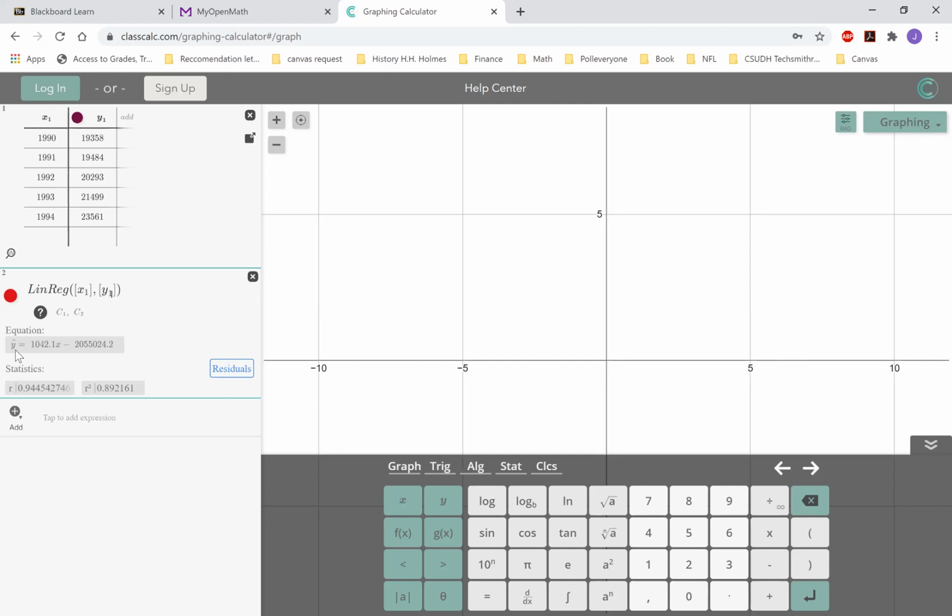So let me take a minute and write that down. All you have to do is say y hat is equal to 1042.1x minus 2055024.2.